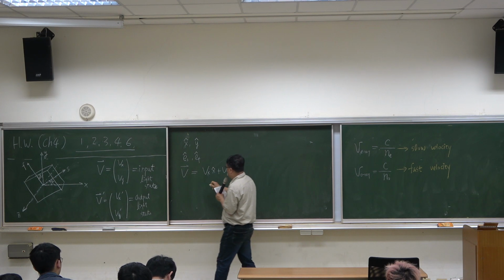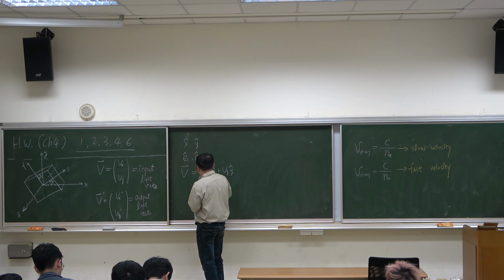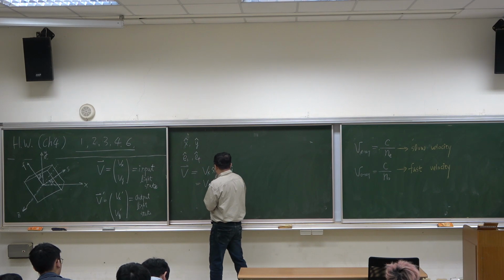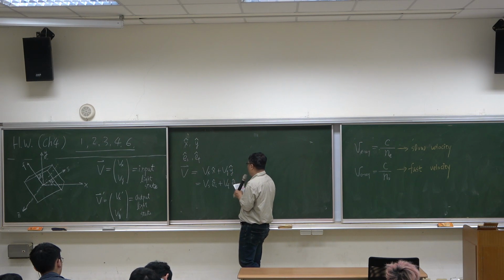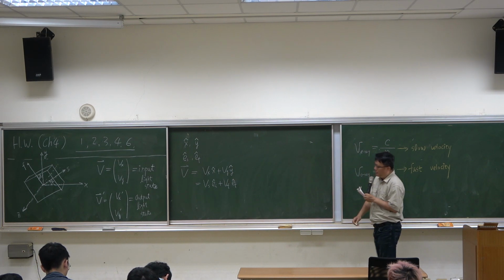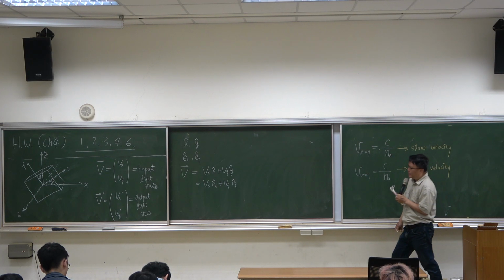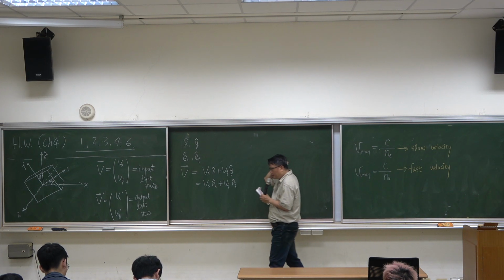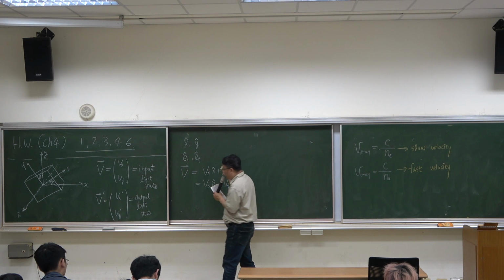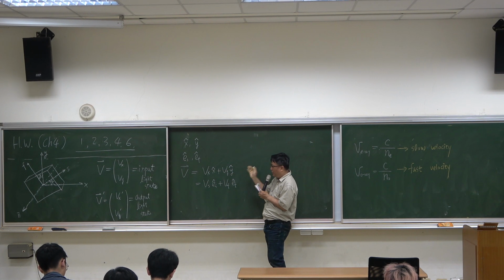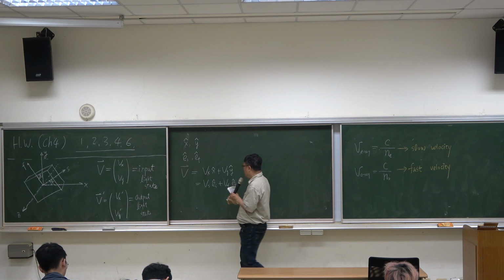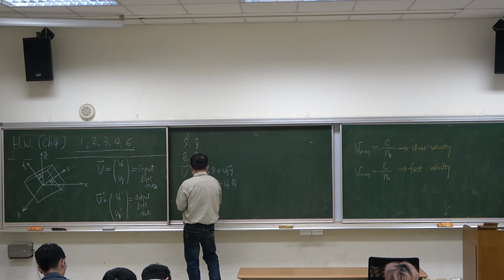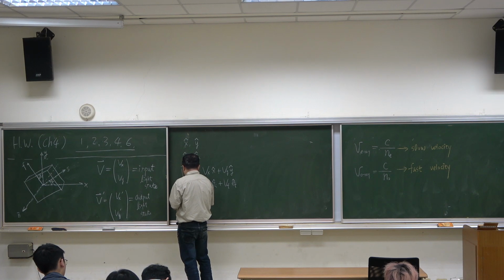Okay? And I can also write it as Vs times Es plus Vf times Ef. Okay? Because this is the same vector V. So if I want to know the relation between Vx, Vy and Vs, Vf, then what is Vs?